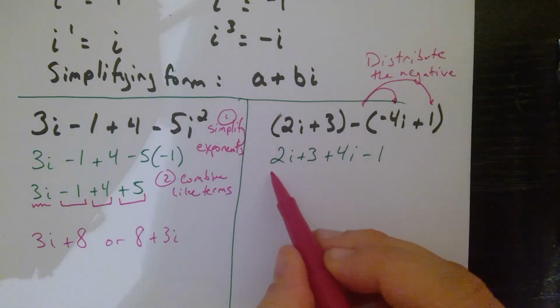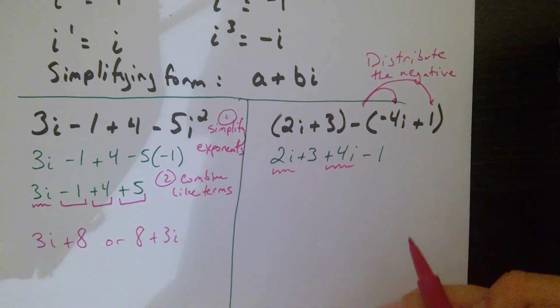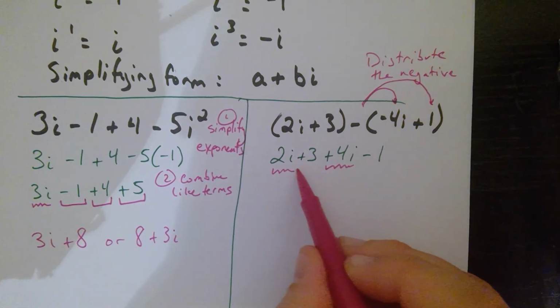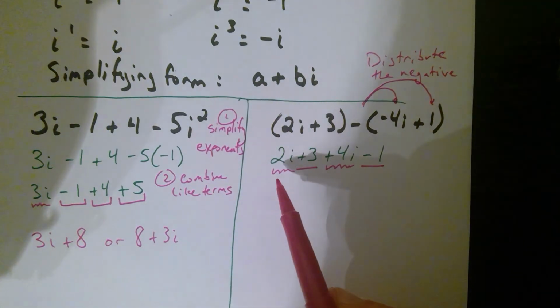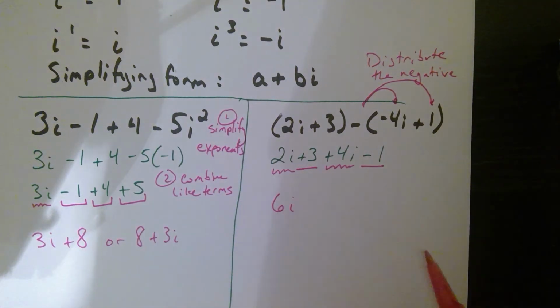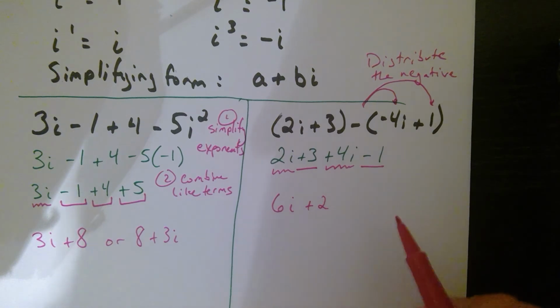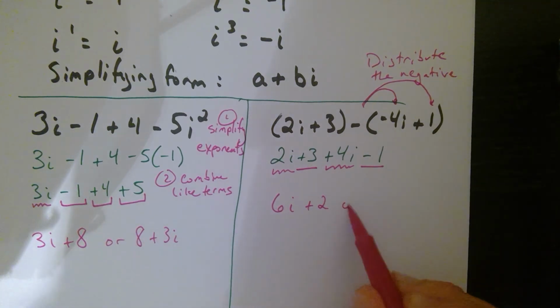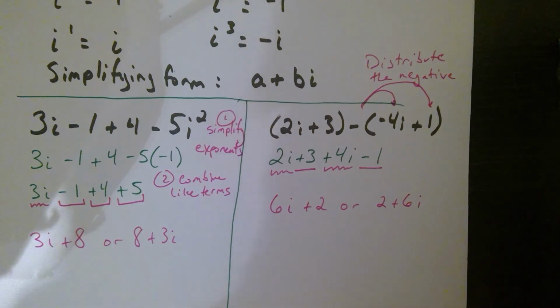Our i's. Here are some i's right there. Nope. Oh, here's some more. Now let's look at our numbers. We have a +3 and a -1. So I'm going to combine my i's first. So 2i plus 4i gives me 6i. And then +3 minus 1 gives us +2. And like before, we can write that as 2 plus 6i.